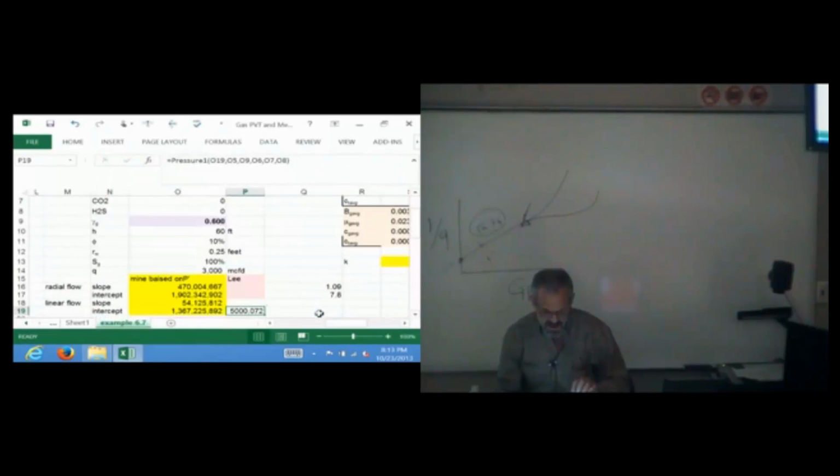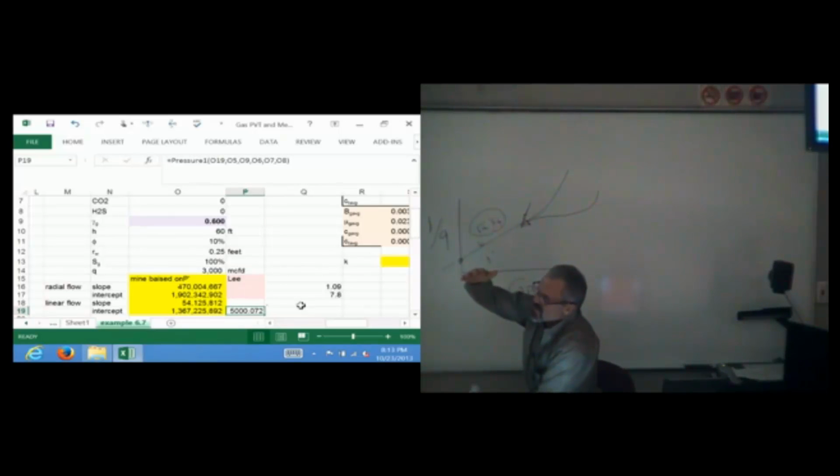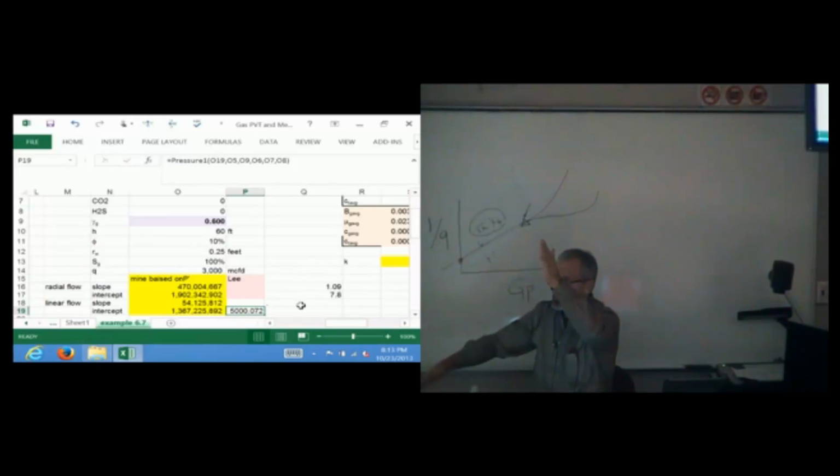And this is how I know that this data came from a simulator with an infinite conductivity fracture. The backcast of the early drawdown data actually exactly intercepts 5,000 psi, or the pseudo pressure that's associated with it. Typically in a drawdown, your intercept will be slightly different than that, and that's due to finite conductivity.